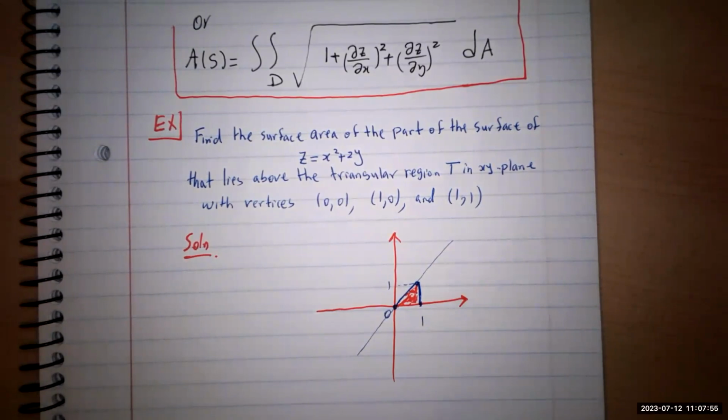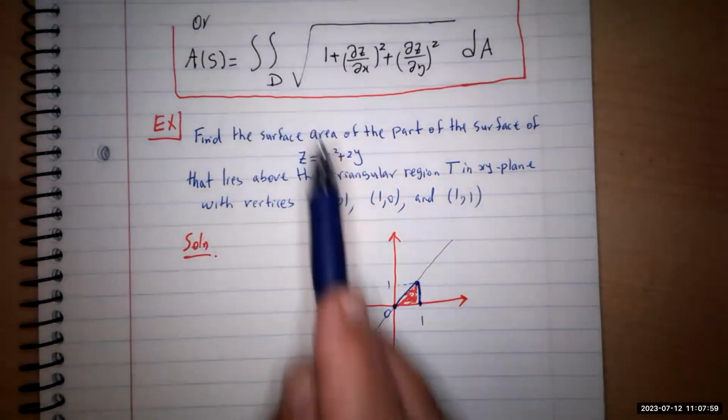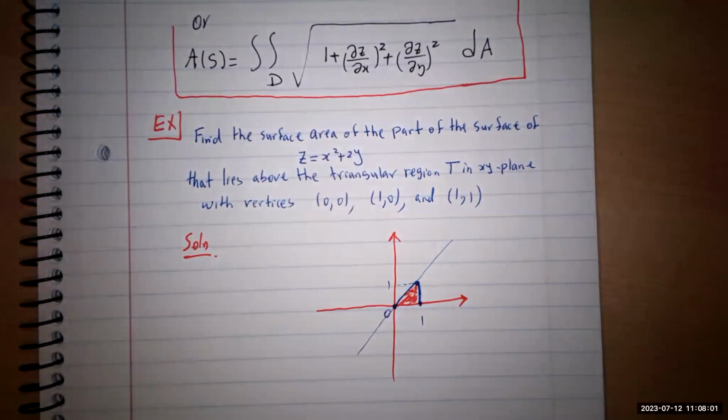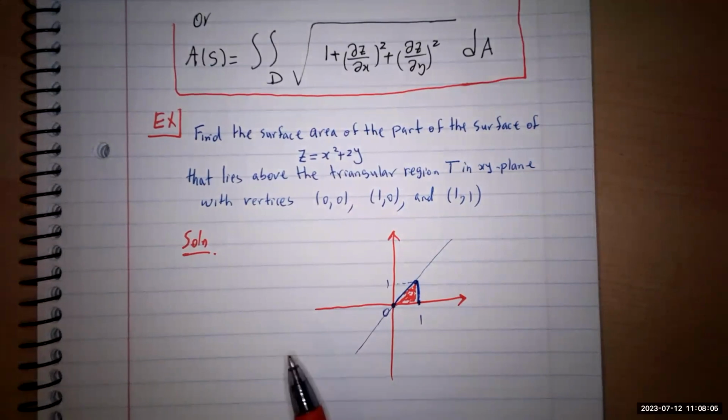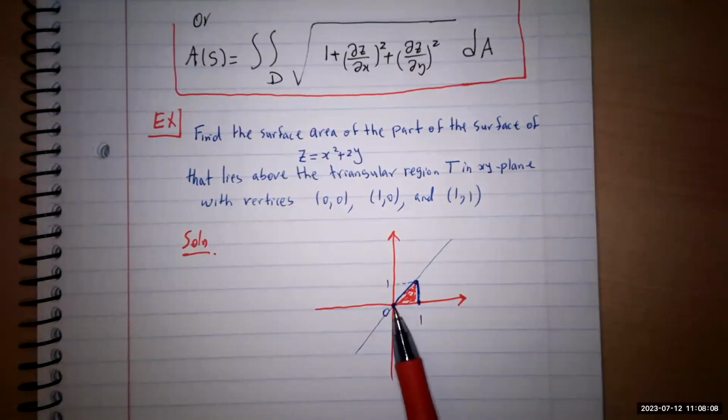So identify your region. The way you're going to look into it, just because you have to find this integral, you have to decide what type of region you are going to consider for the limits of integration. So if you keep x between 0 and 1, going to the right, to the left, 0, 1, then for y, you have to go up and down.